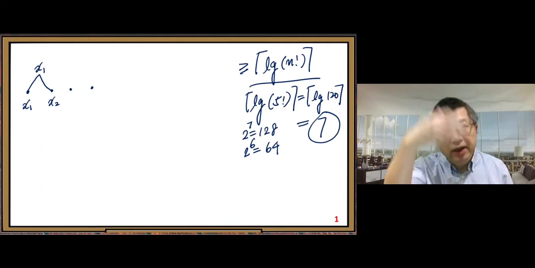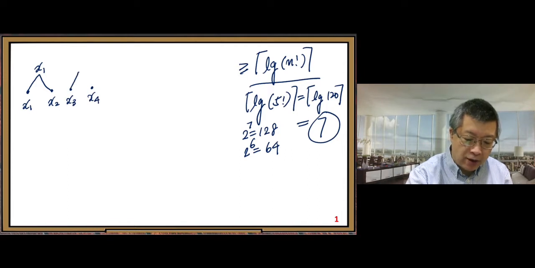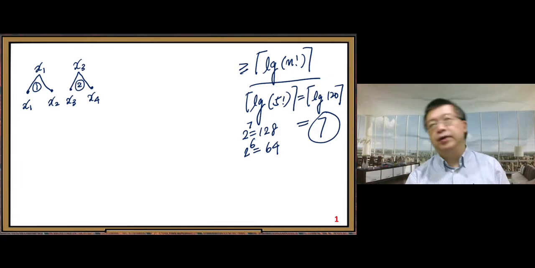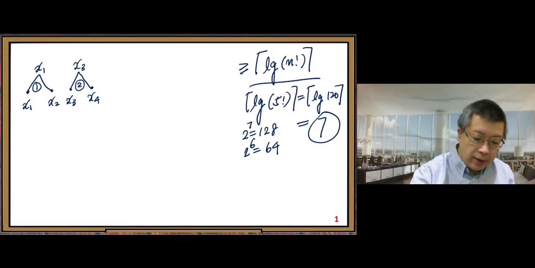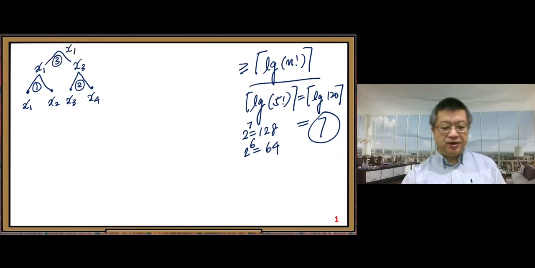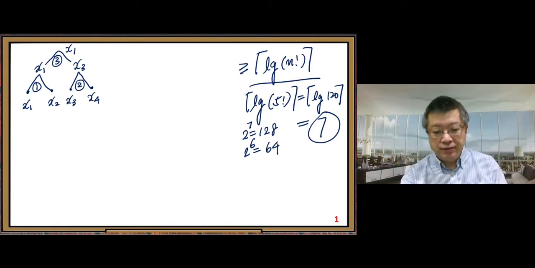Then X3 and X4, our second comparison, and we assume X3 is the winner. Next, the third comparison is between the two winners, and X1 is the winner.